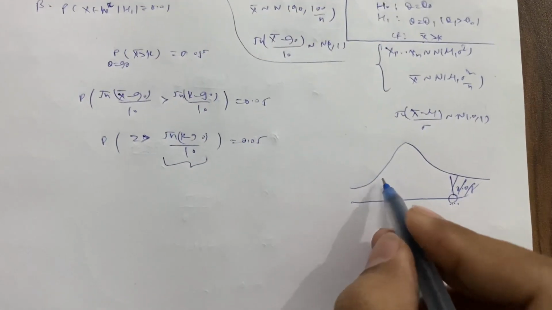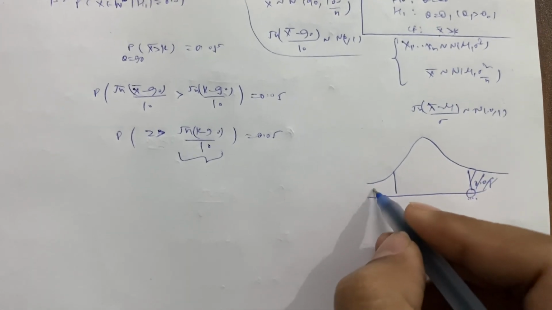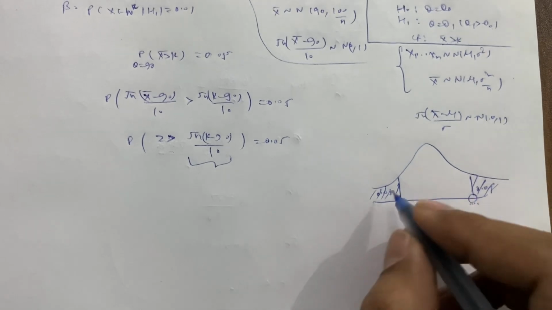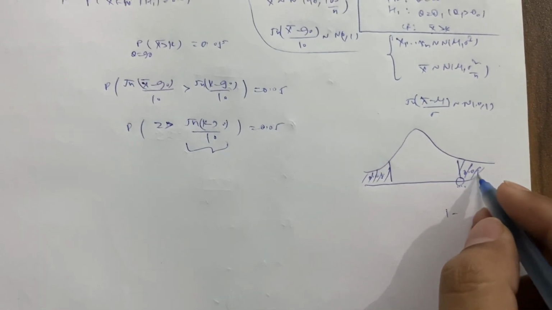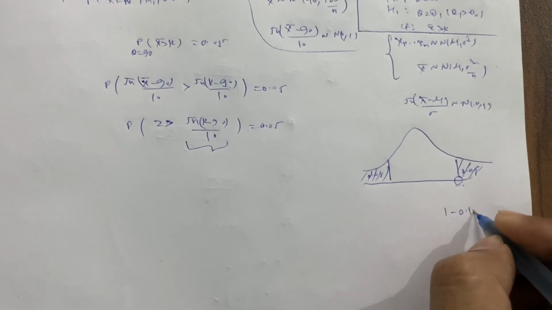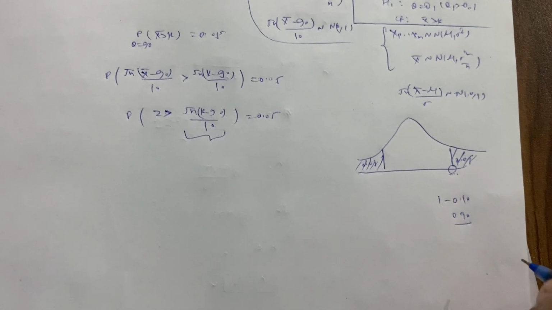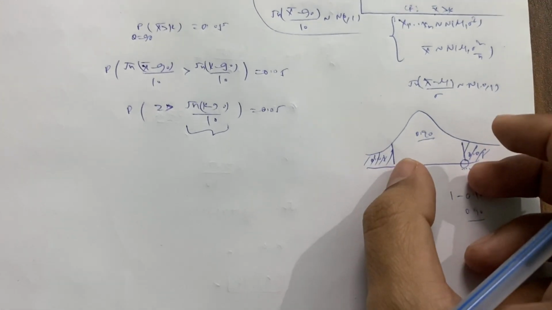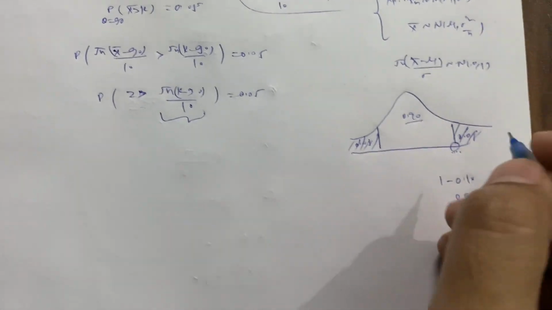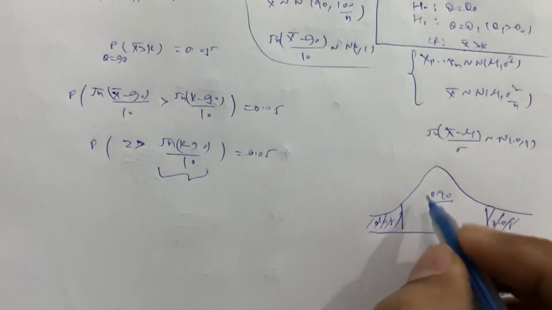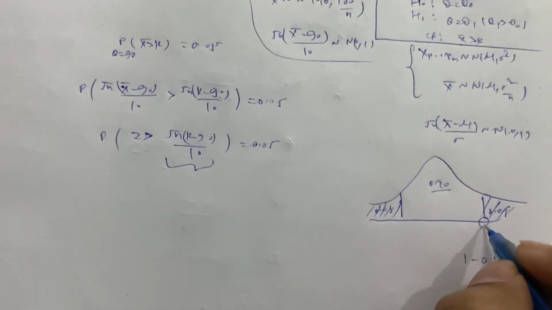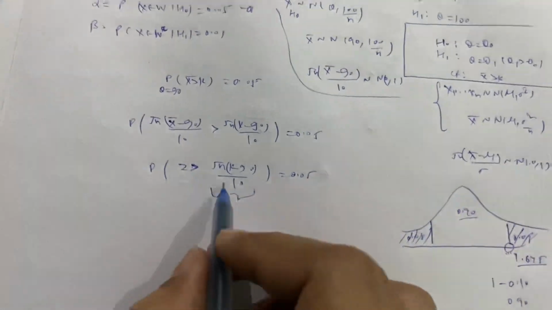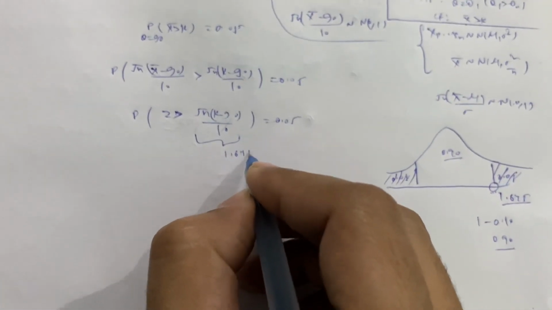If this is 0.05 and this is 0.05, add these two to get 0.10, and subtract from 1 to get 0.90. Now recall the standard table of the confidence interval. For the 90% confidence interval, the z value is 1.645. So this value will be 1.645.